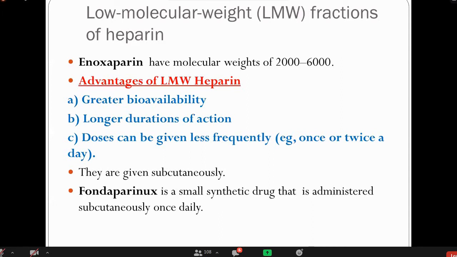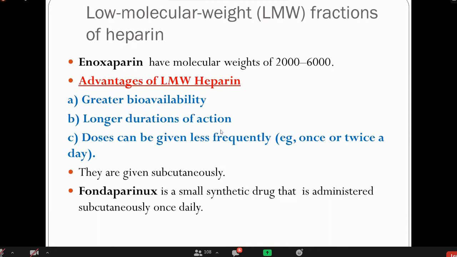So why is it important to know this? Clinically, we commonly prefer low molecular weight heparin. The key example is enoxaparin. Another example is dalteparin, right? So why do we prefer this? Because low molecular weight heparin has greater bioavailability, the maximum concentration of drug available in the bloodstream without any change, and a longer duration of action.